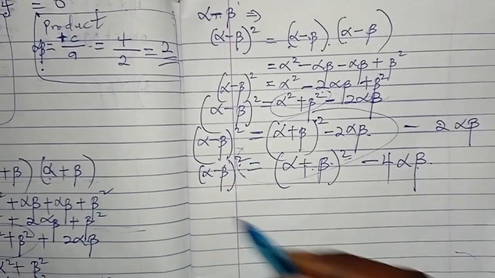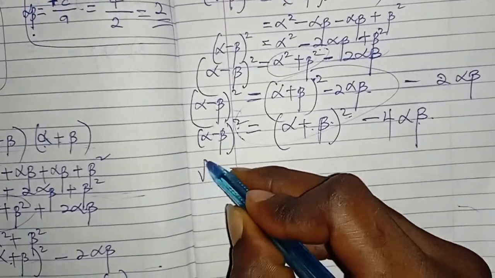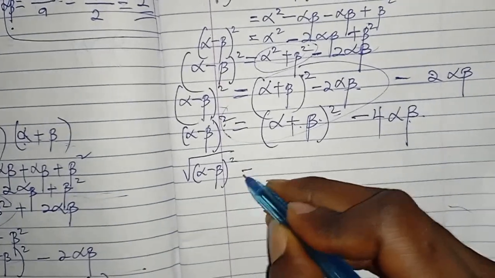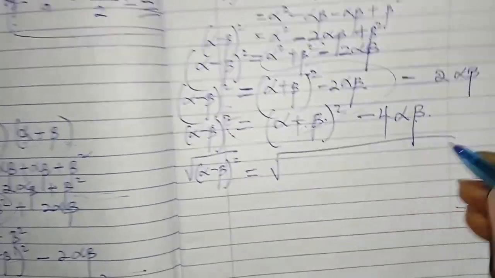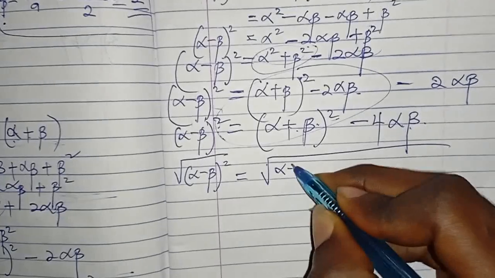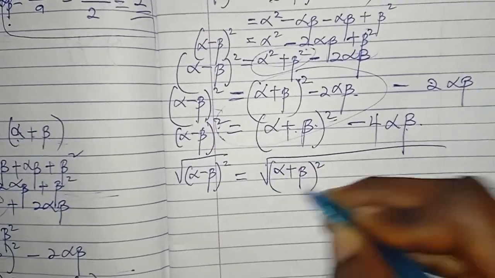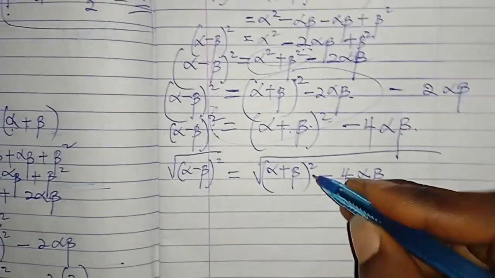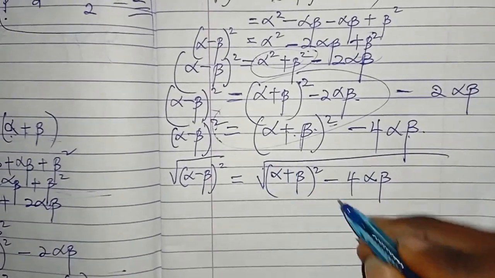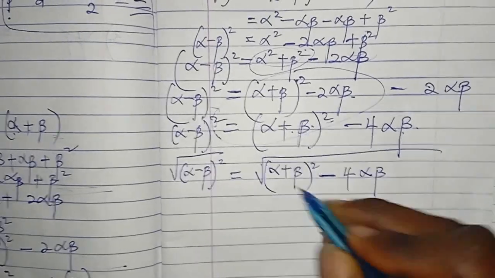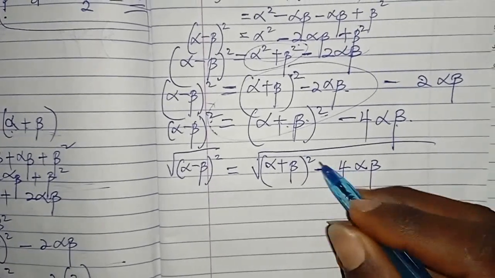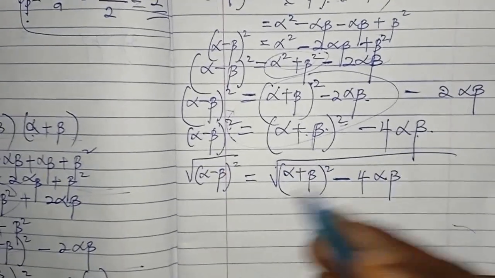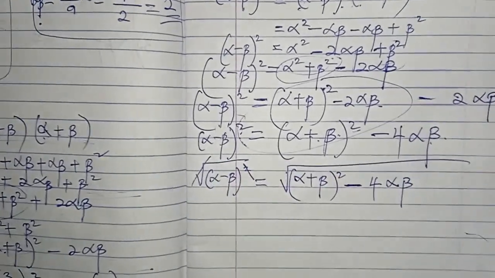So I can say take the square root of both sides. So I can now have square root of alpha minus beta all square equals square root of alpha plus beta all square minus 4 alpha beta. Notice I cannot cancel this square with this square root because there's a minus. This value is being subtracted from this. So I can't take the square root by squaring this one. It's not possible. But this can cancel this.